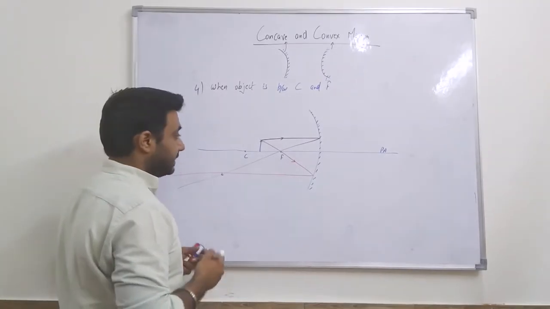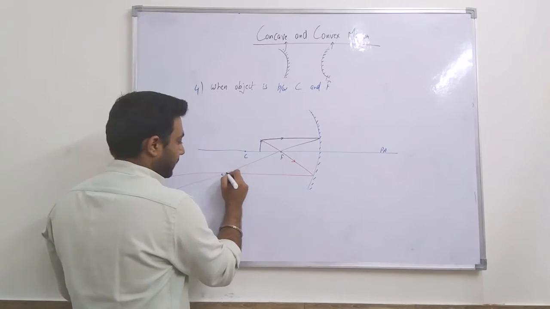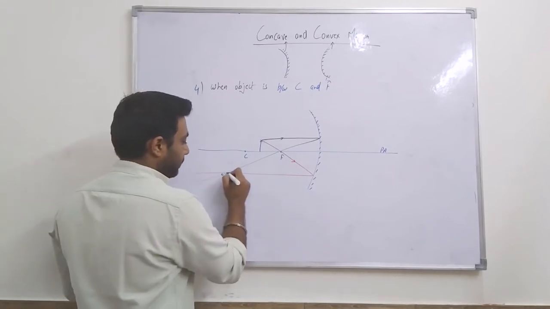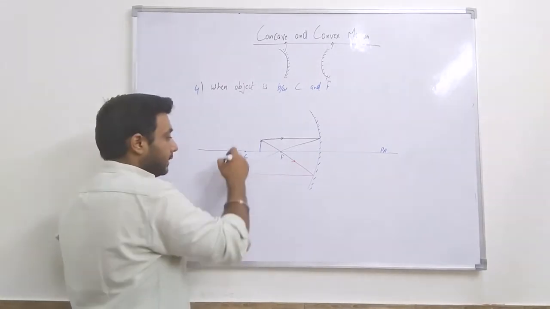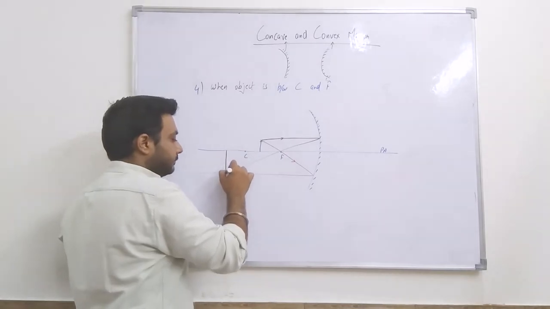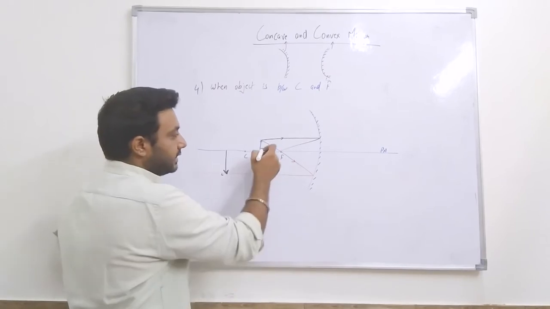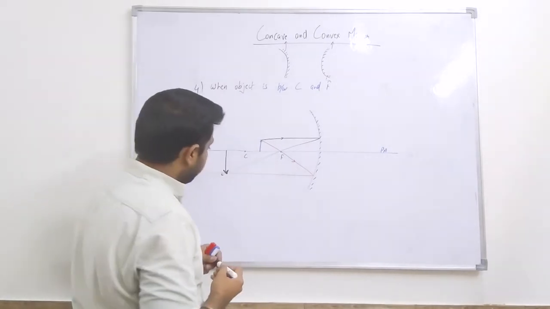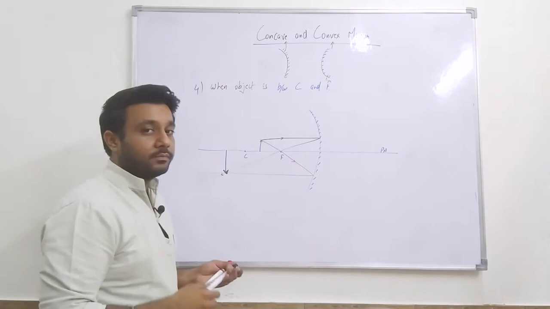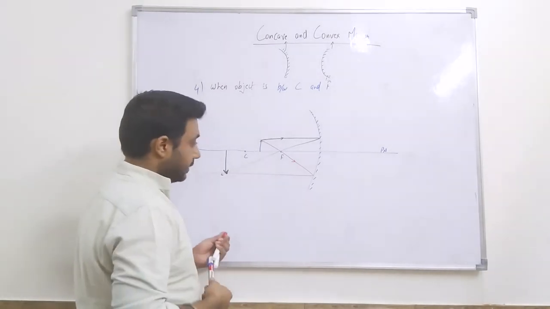Now you can easily see this is the point of intersection, and this is the image. You can easily see that the image size is larger than the object size.